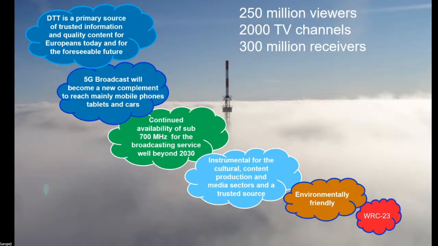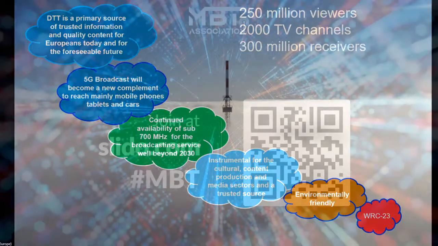5G broadcast will become a new complement to reach mainly mobile phones, tablets, and cars. We'd like to see continued availability of the sub-700 megahertz band for the broadcasting service well beyond 2030. We think this is instrumental for the cultural content production and media sector, and also a trusted source of information.